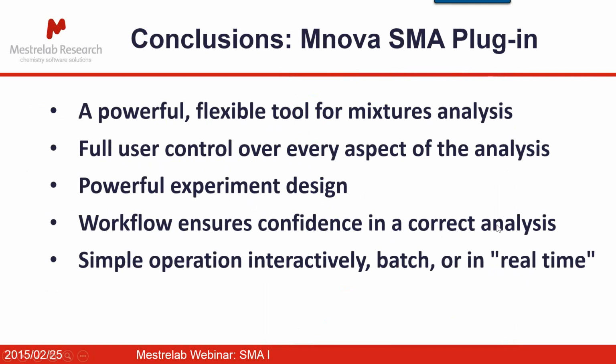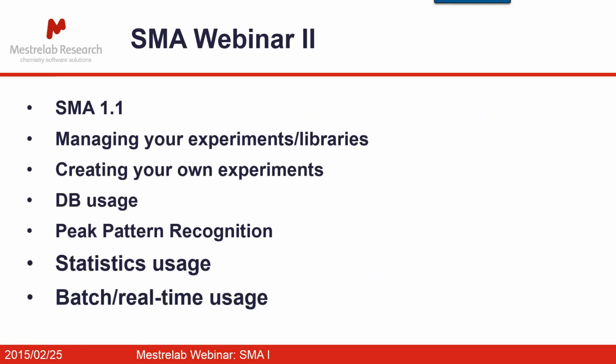And that's very important. Now, I've only shown you the interactive operation, but showing you the batch and the real-time operation is a very boring demo. It's just lots and lots of the same thing with Mnova files being written, if you like, or XML files, and it just goes on, and then, if you like, you can go back and review those at a later time.